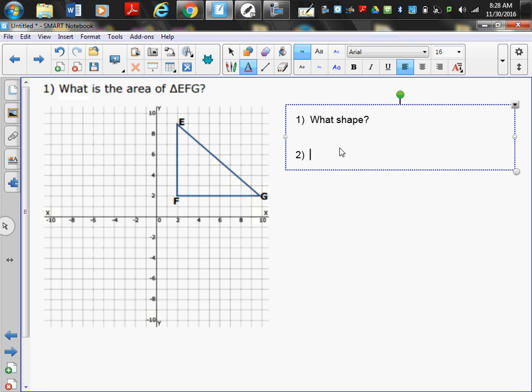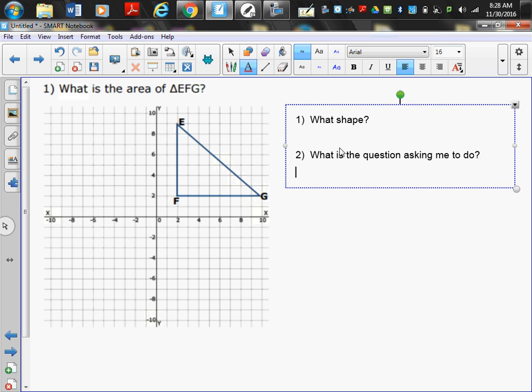What's the question asking me to do? And the third question that we had to answer? Mr. Kubel. What's the formula? What's the formula? Perfect.